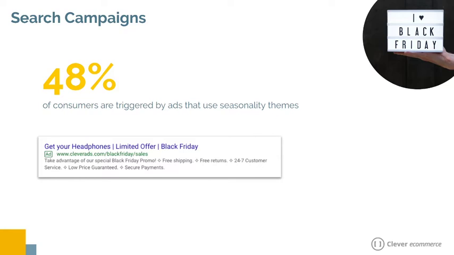When you are setting up your search campaigns, make sure, as you can see in the example below, that you include Black Friday, because customers will tend to click during this seasonality on search campaigns that actually include these keywords like Black Friday, Christmas, Cyber Monday, these kind of searches. By the way, you can do this and personalize this search campaign from a Clever dashboard.